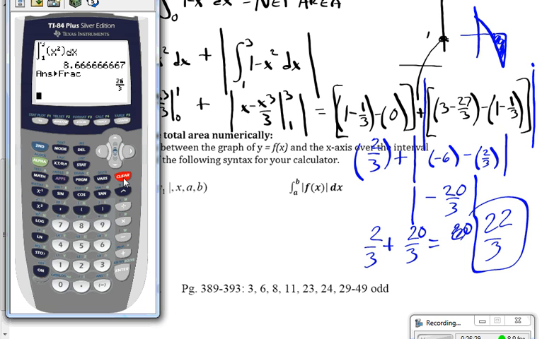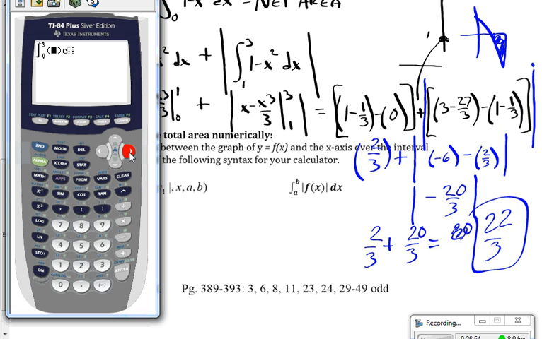Now, the way to do that with a graphing calculator, the shortcut, is you can use Math 9, and you can do this with one integral if you use the graphing calculator. Our bounds of integration were 0 to 3, right? So 0 to 3. And then if I want to do this in one integral, I can just put absolute values around the whole function.